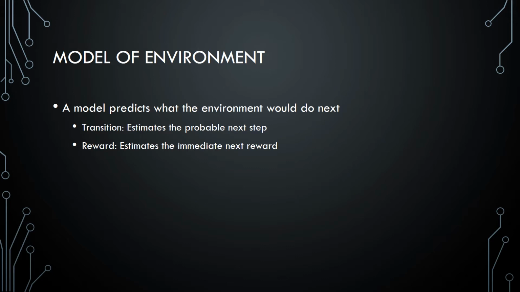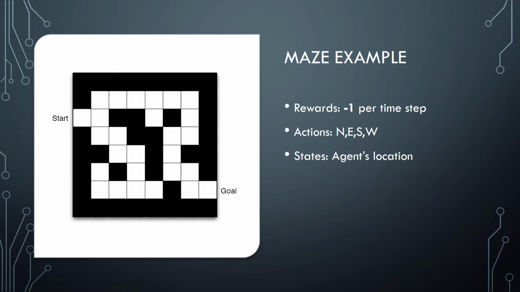The transition model is basically predicting what the next step would be given the dynamics of the environment. We can also predict how much reward we would get, like reward for not crashing, and so on. So let's make it into a very simple example, which is a maze.